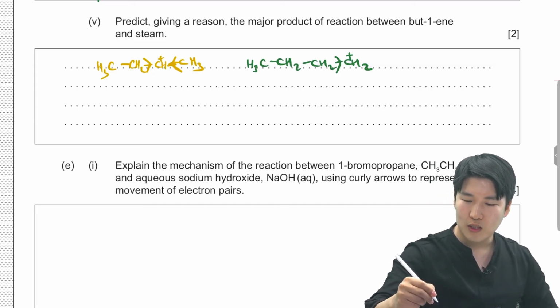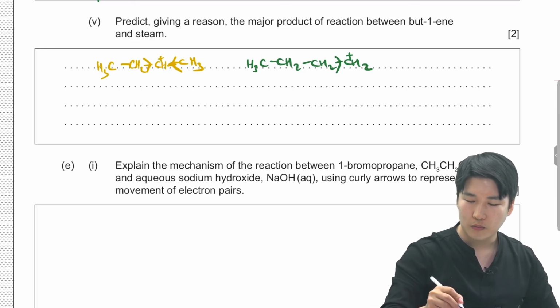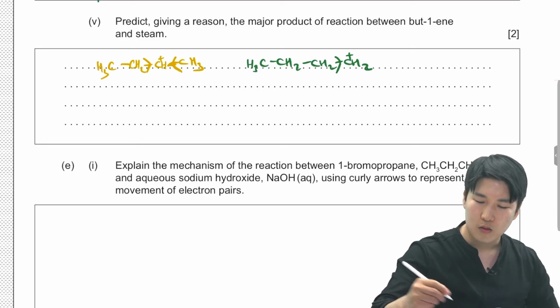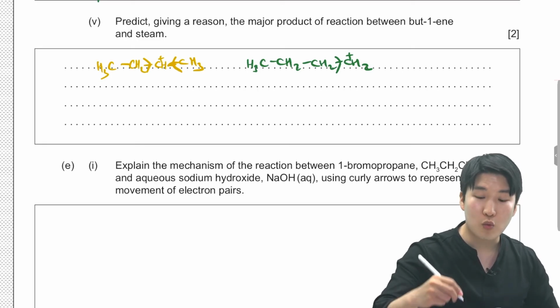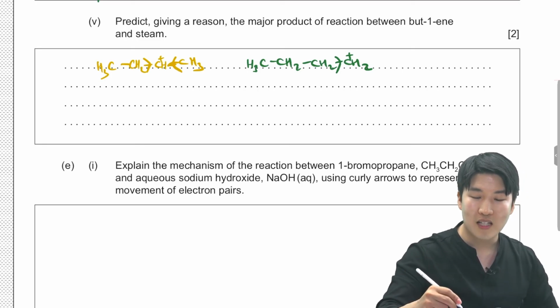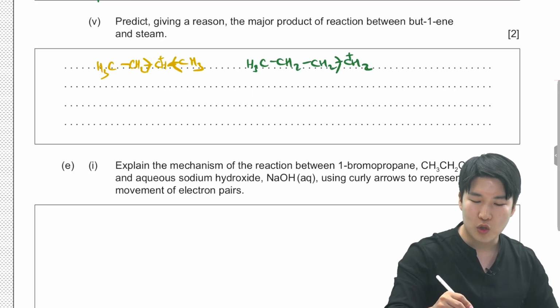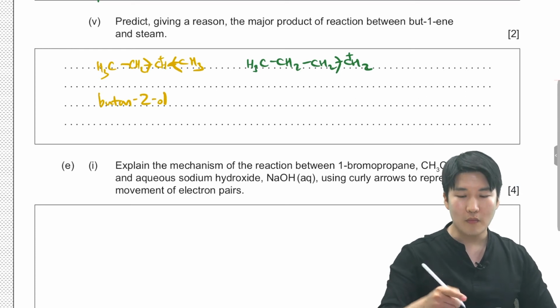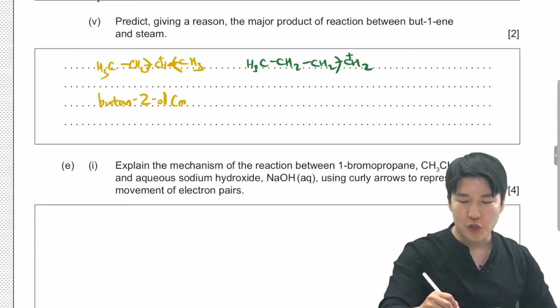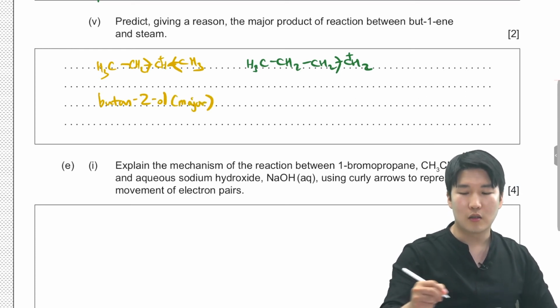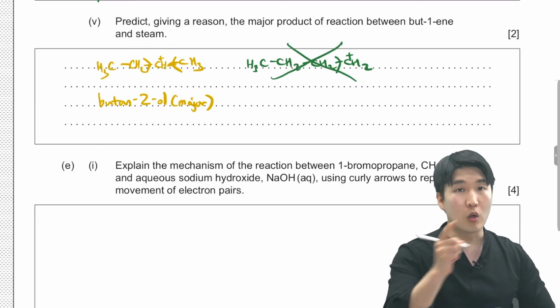So we would expect the major product to be the hydroxyl that will bond to the secondary carbocation intermediate, which will be butan-2-ol. That's the major, which means the minor would be butan-1-ol.